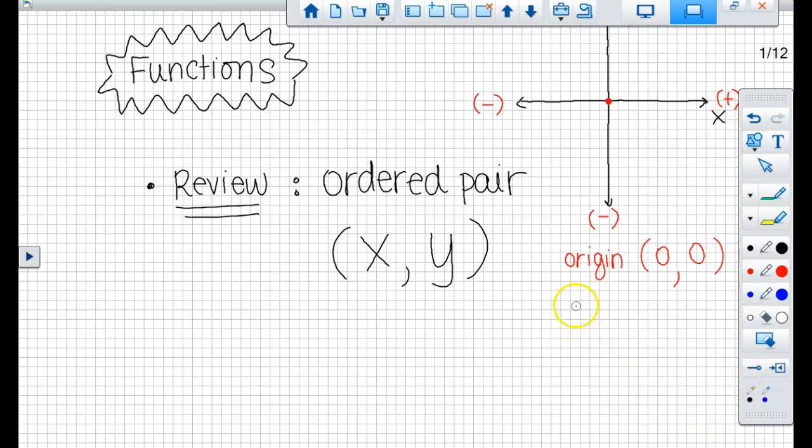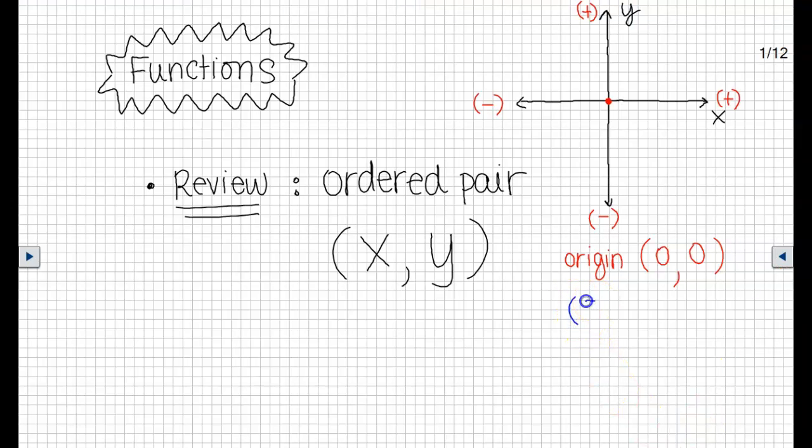Now, what you have done in the past is you have learned to graph things like (5, 3). Now in that ordered pair, the x is the 5 and the 3 is the y. All right, so here's what I would do. Starting from the origin, on the x-axis, I want to go to positive 5.